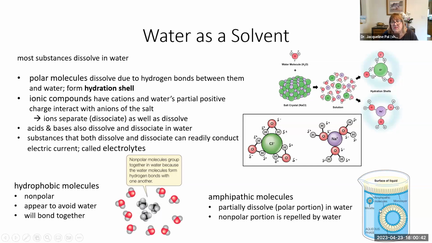So you can form a phospholipid bilayer, as we see in a lot of our organelles, or we can just have a single layer with the heads on the outside and the tails on the inside, and then we can have something non-polar there in the middle. And we have these in our body as well, but you just haven't talked about them yet. We'll learn about them later on this semester.